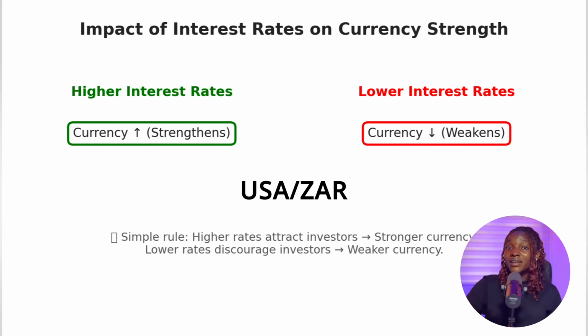So if you are trading pairs that contain dollar, you want to keep an eye on the interest rate decisions of the United States. For pairs that contain euro, you want to keep an eye on interest rate decisions that influence euro. So you just want to know what is happening in different economies as long as you are trading their currency.